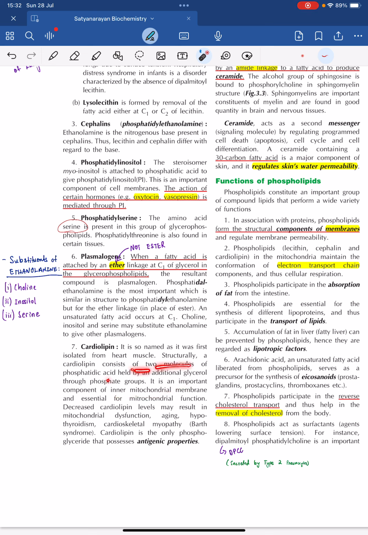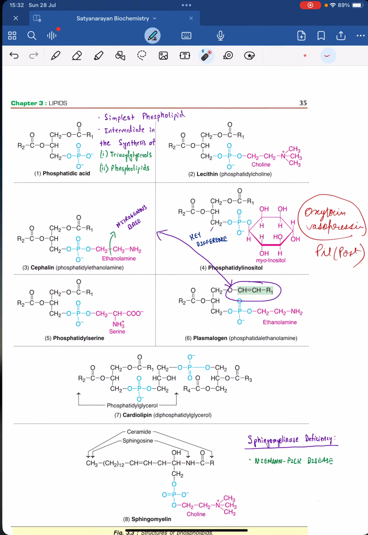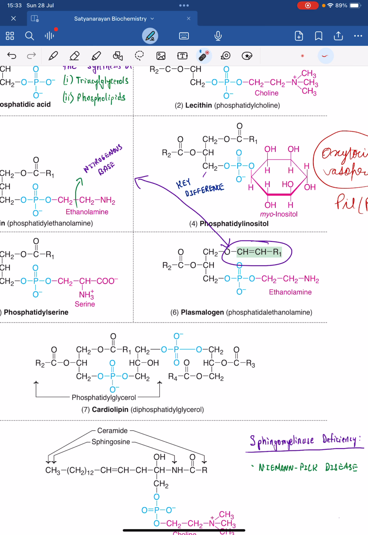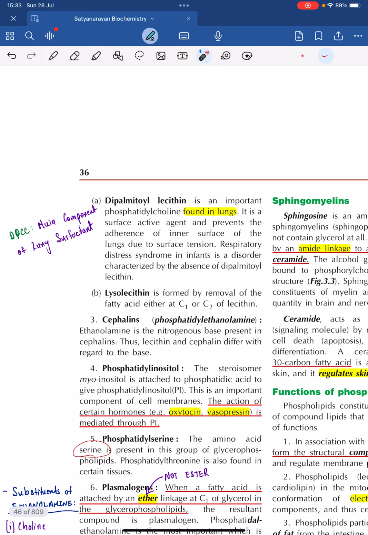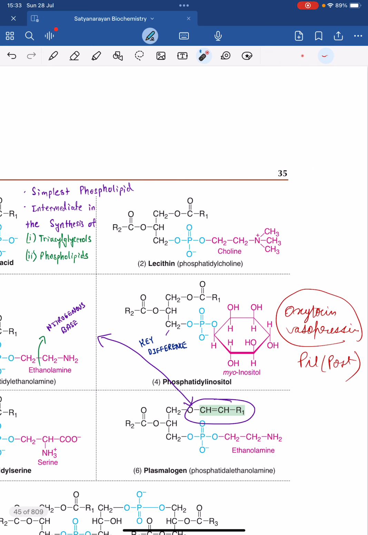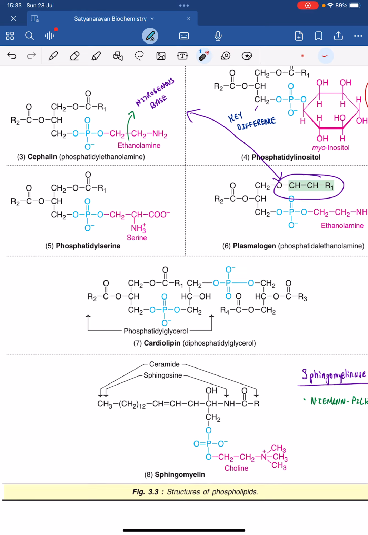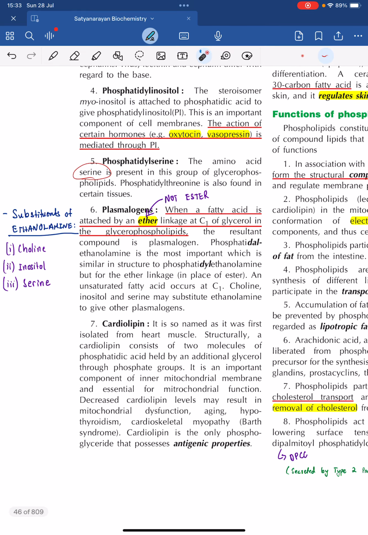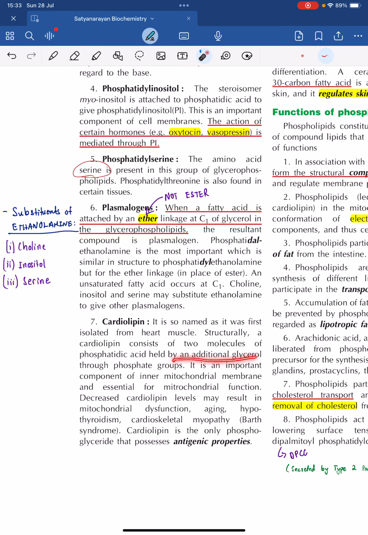In the cardiolipin, this is attached to C1, this is attached to C2, while in C3 we have two molecules of phosphatidic acid held by an additional glycerol through the phosphate groups.